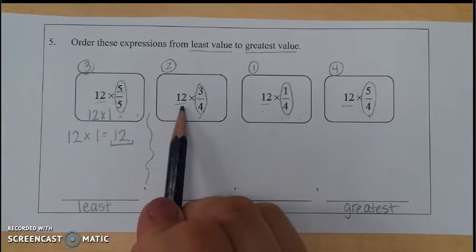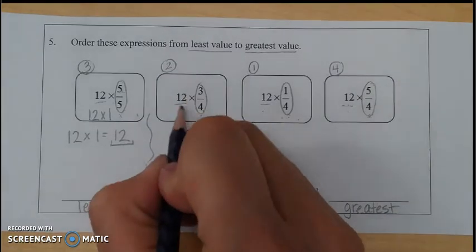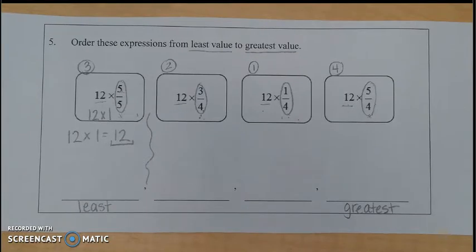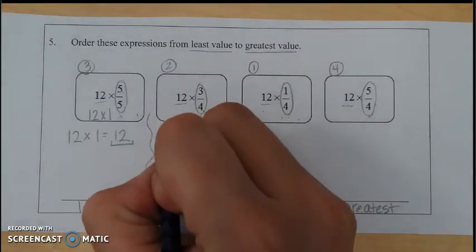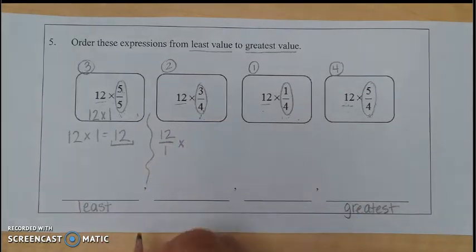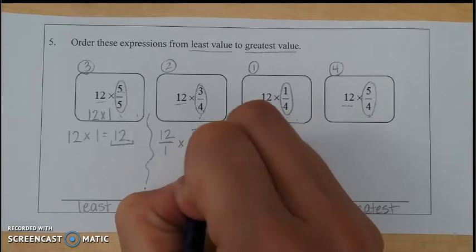Let me go ahead and multiply 12 times 3/4. In class, we make the whole number a fraction. You can take a whole number and put it over 1, and it still has the same value, but it's written as a fraction. So 12 can be written as 12 over 1. Then we have times 3 over 4.